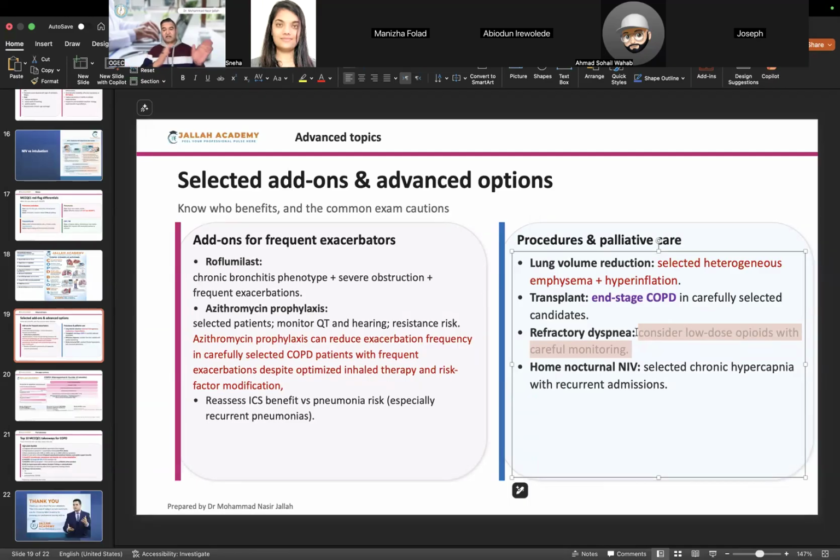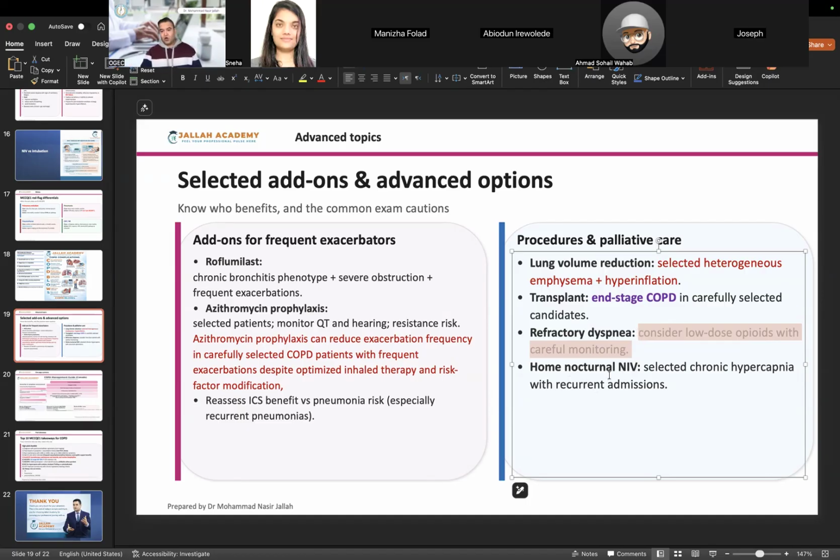Okay, so for refractory dyspnea, we use opioids for palliation. Other than that, it is not required or not indicated.